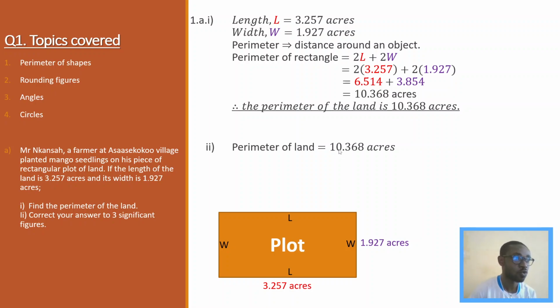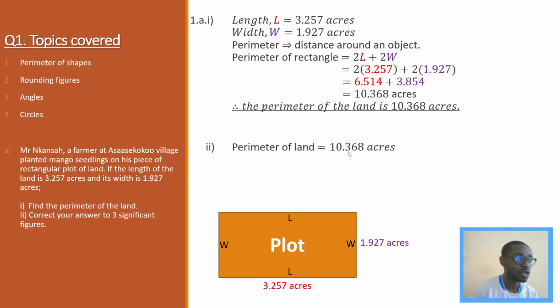The zero is at the ones column. That means after the one here, this zero is the next important figure. So it means you have 2 figures, but they said we should correct it to what? 3 significant figures. That is 3 important figures. So from here, 1, 2, 3. It means these 3 figures here, the 1, 0, and 3, are the most important figures. They are the 3 most important figures in 10.368.